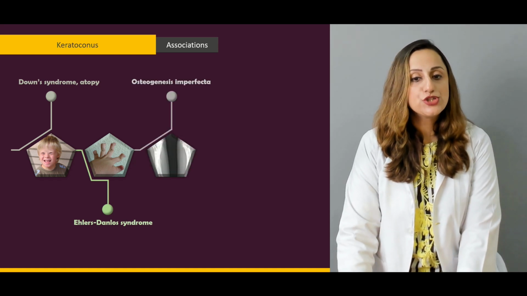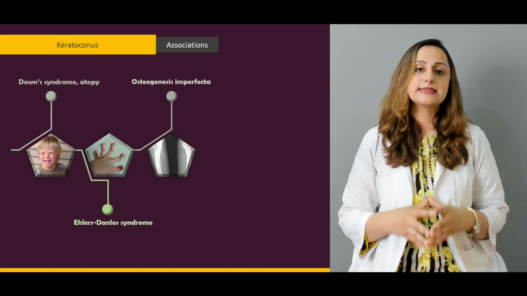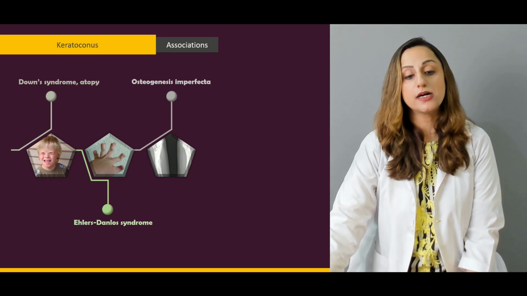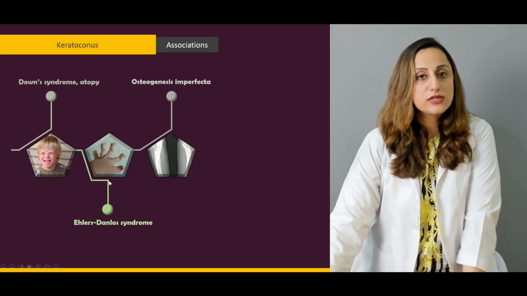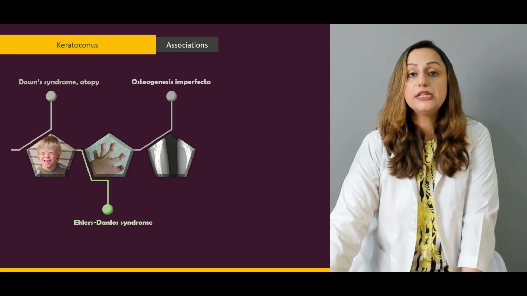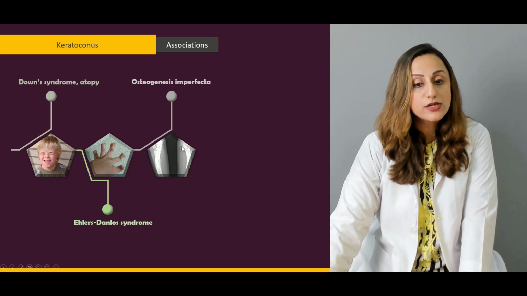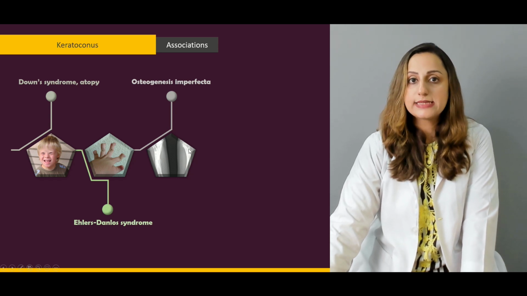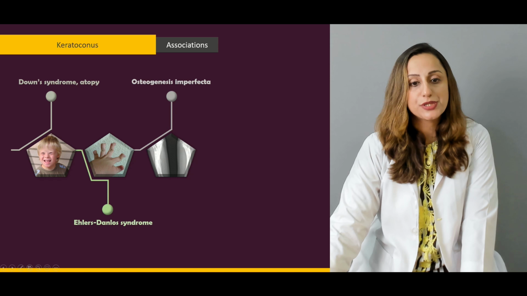Then we have osteogenesis imperfecta, in which there are some abnormalities with the development of the bones. So in Ehlers-Danlos syndrome, the major presentation is loose joints, and in osteogenesis imperfecta, the bones are primarily affected, not the joints.